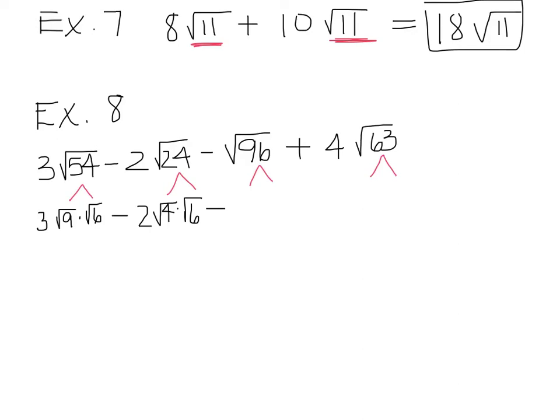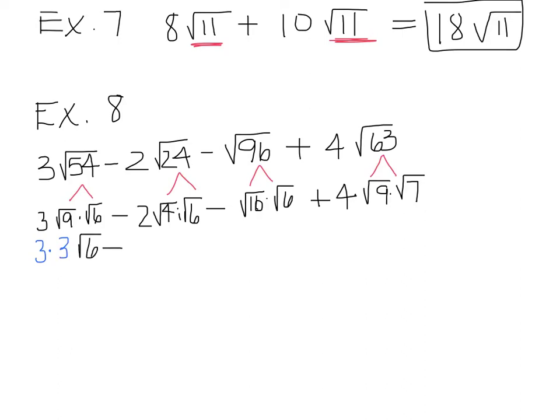96 is 16 times 6. And 63 is 9 times 7. So now you go through, and here the square root of 9 is 3, but there's a 3 already there.